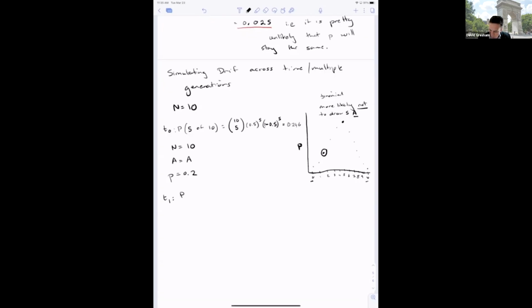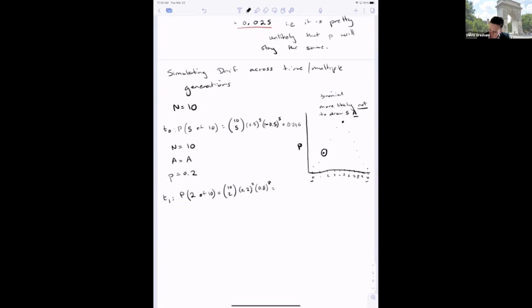In that case, what's the probability of drawing 2 of 10 individuals? We need to use the binomial again, but now our p is equal to 0.2, so 0.2 to the power of 2, 0.8 to the power of 8.